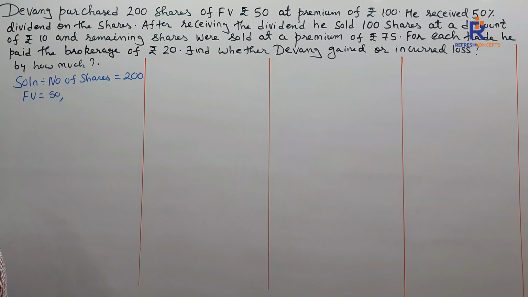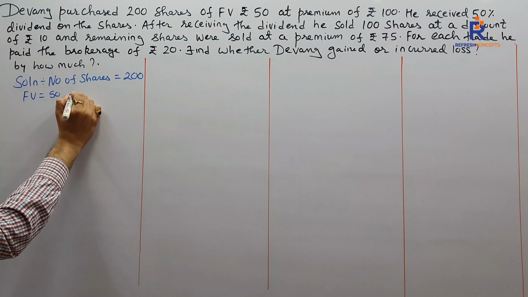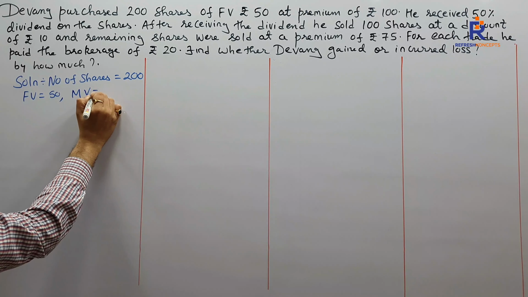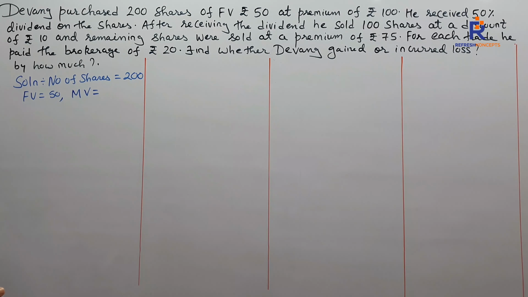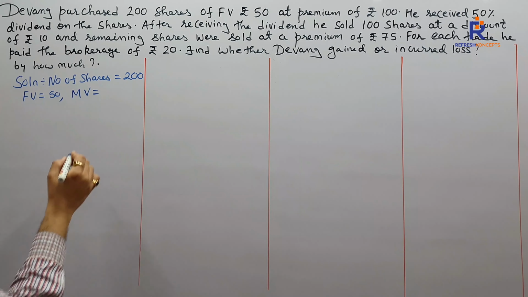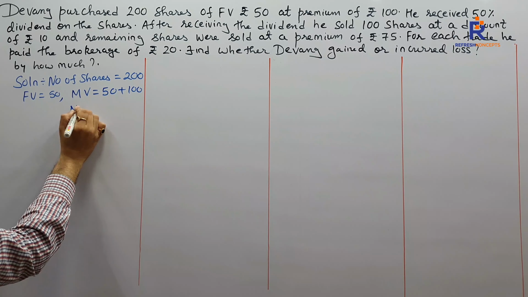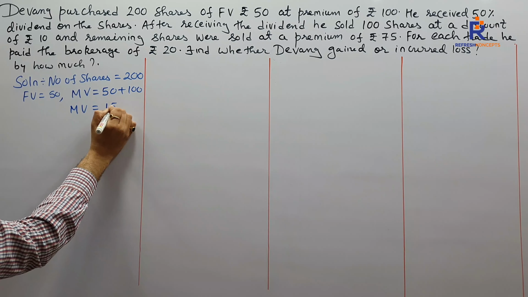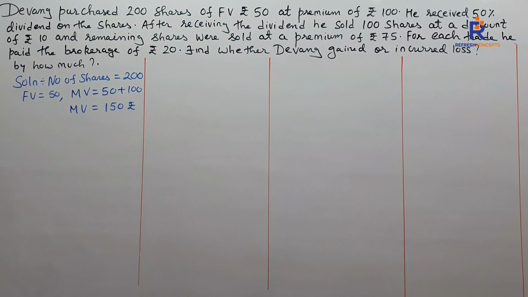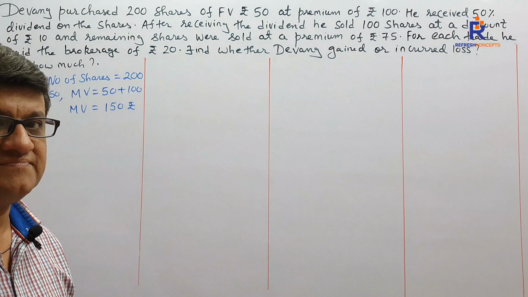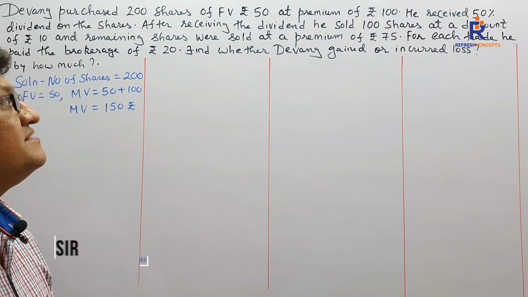What is the market value? 50 being the face value, 100 being the premium. 50 plus 100, market value is 150 rupees, children. Face value 50, market value 150, premium of 100.